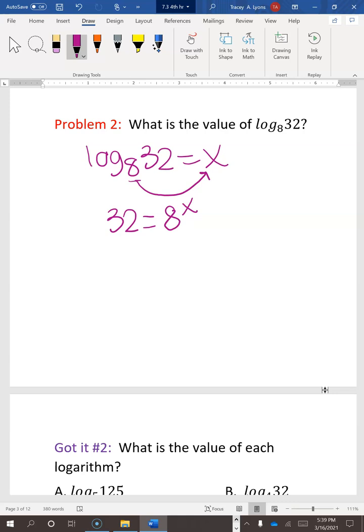Now, we don't know how to solve this either because we'd have to take the xth root of something and we don't know what that is. So what we're going to do is rewrite each number so the bases are the same.